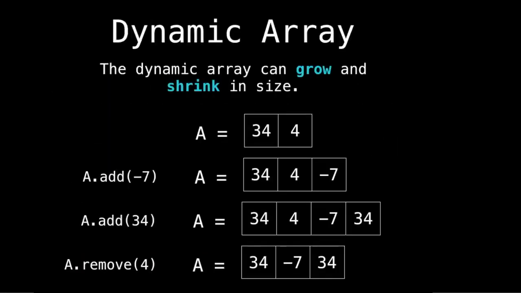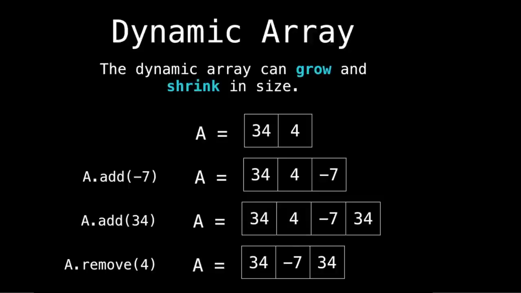Let's look at operations on dynamic arrays. So dynamic arrays can grow and shrink in size as needed. The dynamic array can do all similar get, set operations static arrays can do, but unlike the static array, it grows in size dynamically as needed.